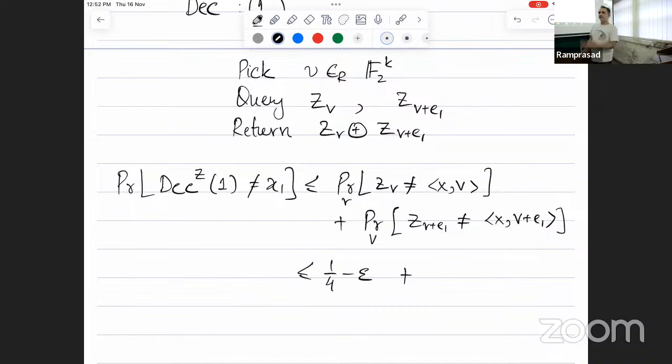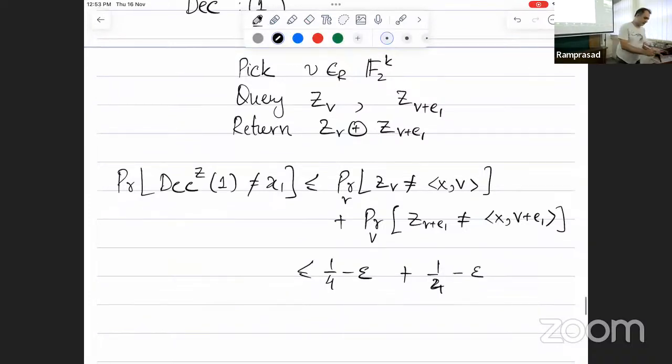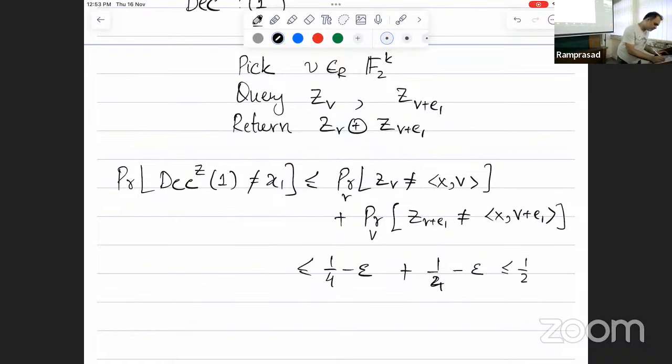If v is uniform over the entire space, well, v plus e1 is also uniform over the entire space. So the second quantity is also at most a quarter minus epsilon. Therefore together, this is at most half minus 2 epsilon.